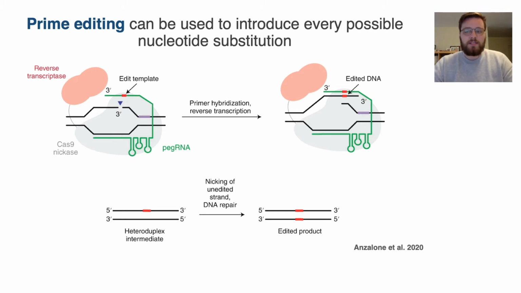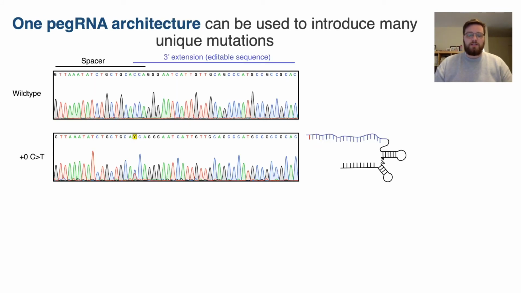And so what I was interested in was how multiplexable this prime editing could be. The good thing about prime editing is that you can use the same pegRNA architecture to introduce mutations over a relatively wide window. So here you can see a C to T transition right at that pegRNA nick site, and you can tell just by looking at the Sanger sequencing read that the editing efficiency is quite high.